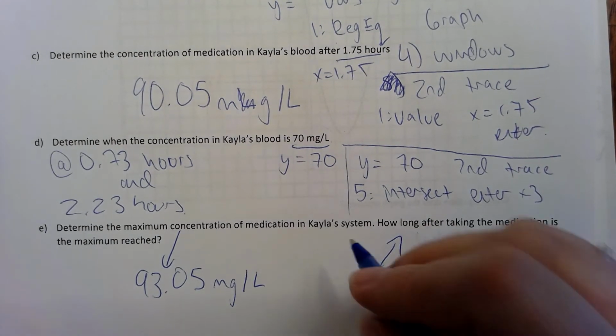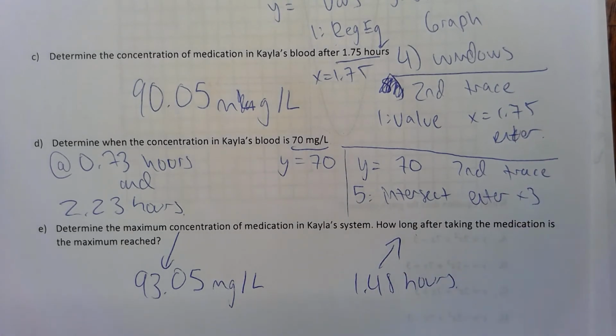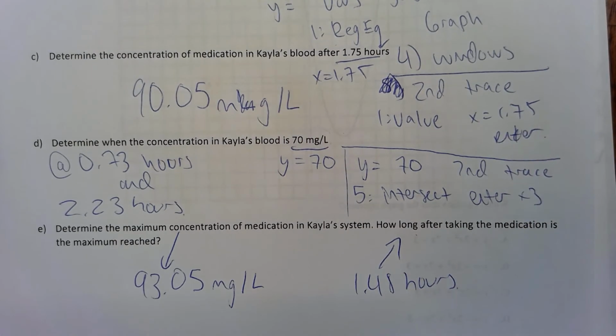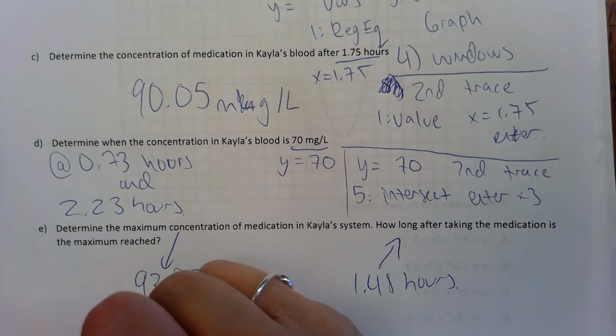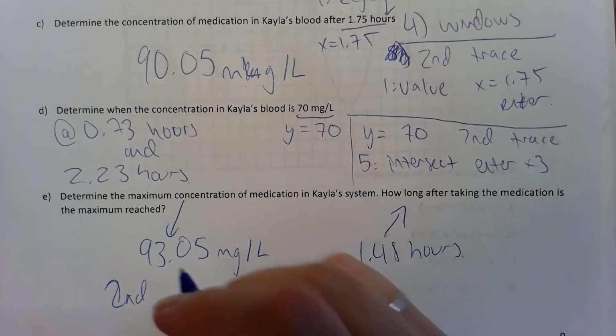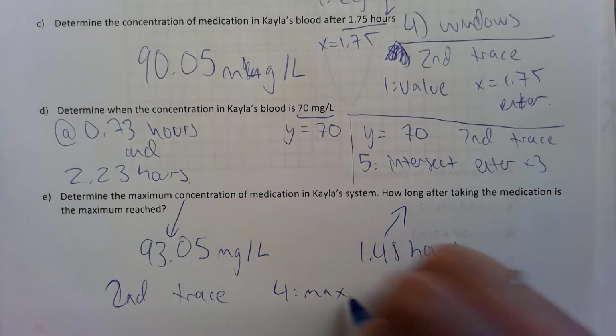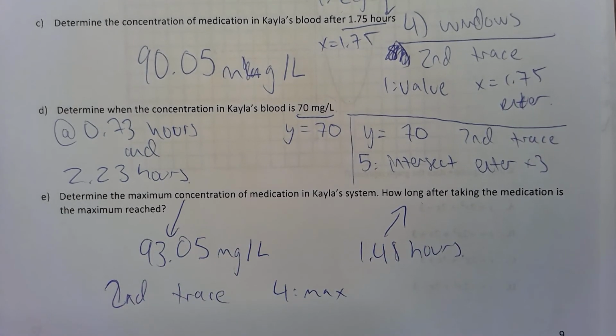Well, that's the number of hours, 1.48 hours. And there we go. So to get that, I went second trace, I went 4 for max. And then I did the left bound, right bound stuff, which is starting to feel pretty tedious at this point.